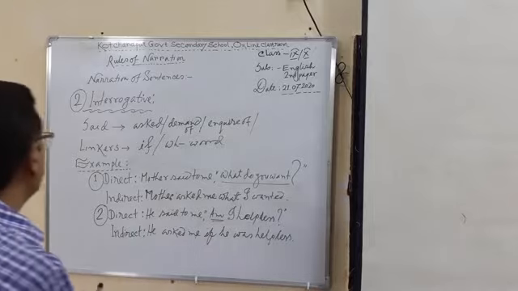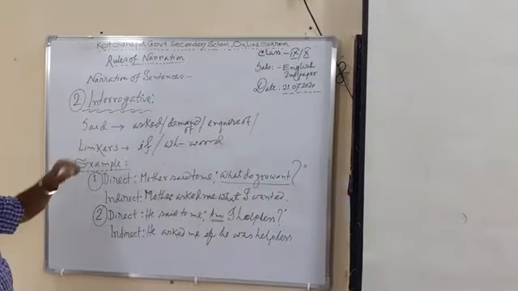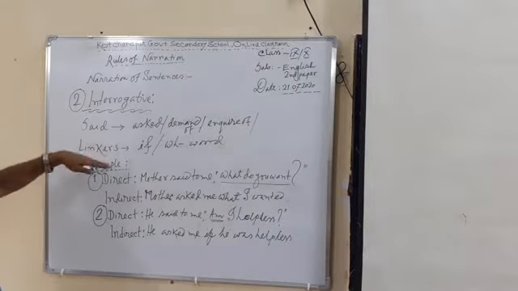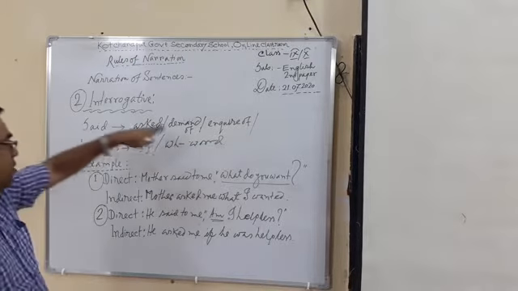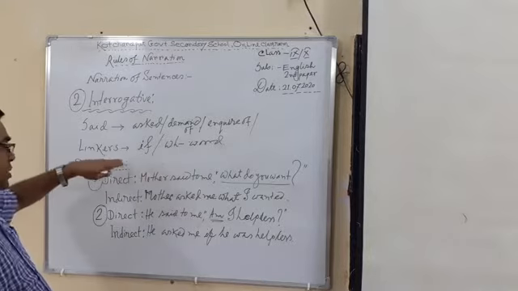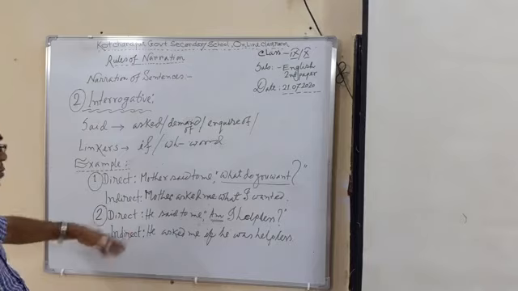Okay. When changing an interrogative sentence from direct to indirect narration, we have to use asked or demanded of or inquired of instead of said, and if or a WH word as a linker. Then an example.